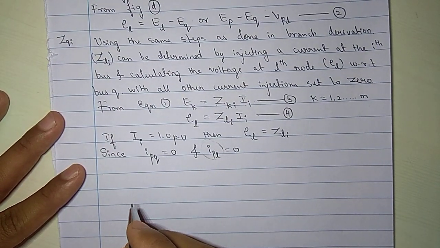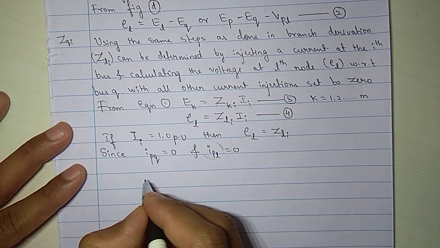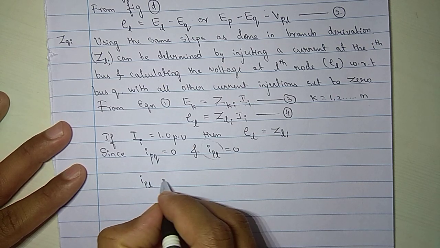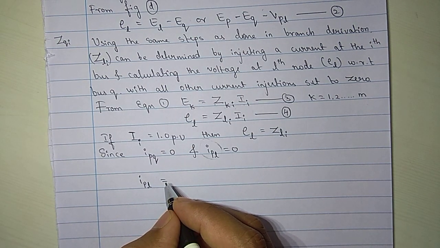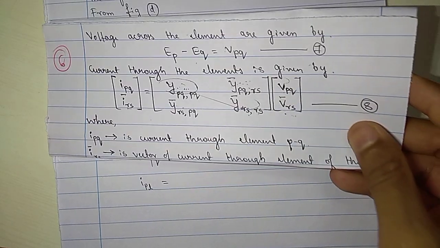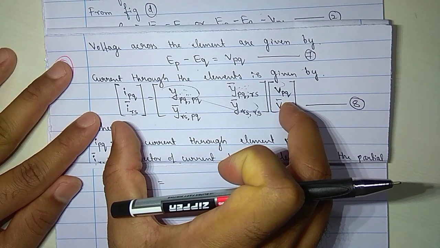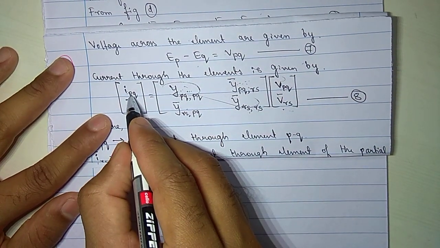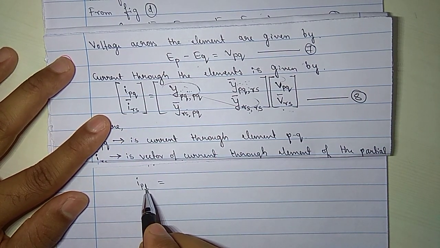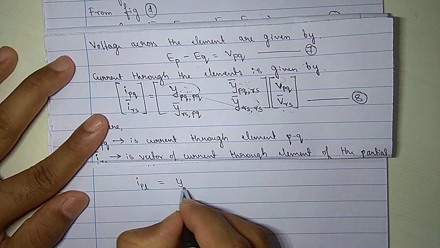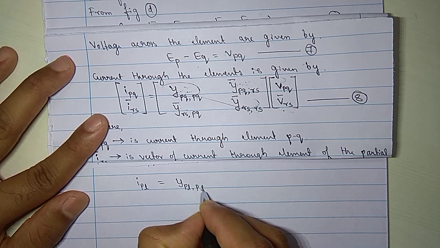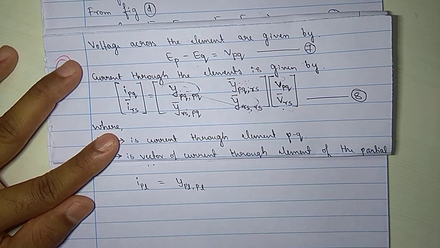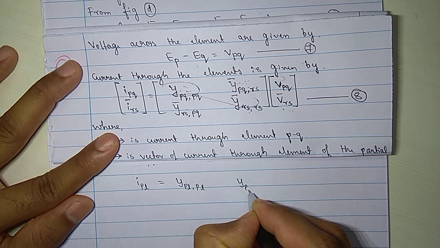Now, the same way I will be writing the matrix as we have written in the previous. IPL is equal to this matrix from the previous derivation, that is addition of a branch. The same way I'll write IP. There PQ was a branch, here PL is a link. So this is YPL comma PL. Look at this matrix, and the same way the notations are just replaced by PL. Here it is YPL comma RS.